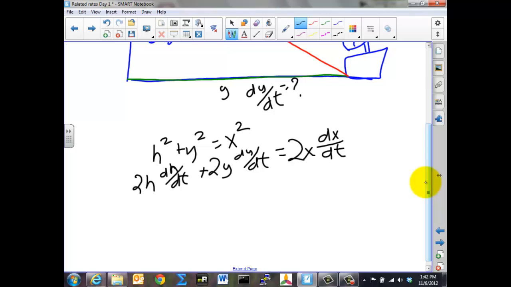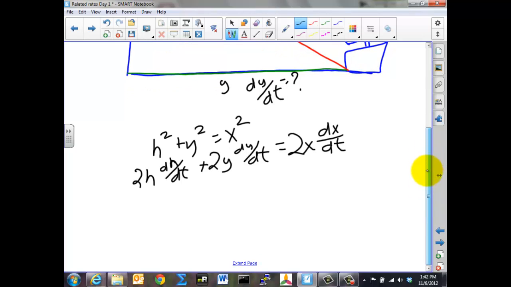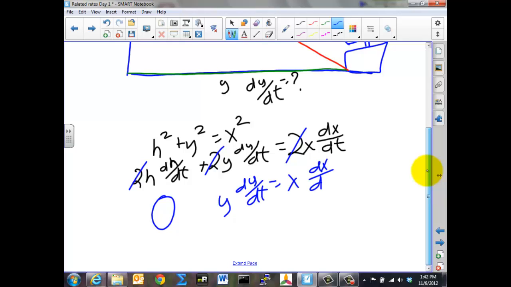So we can cancel them out. Now, what is dh/dt? 0. So this whole thing up here is 0. Now look at what we've gotten down to: y dy/dt equals x dx/dt.